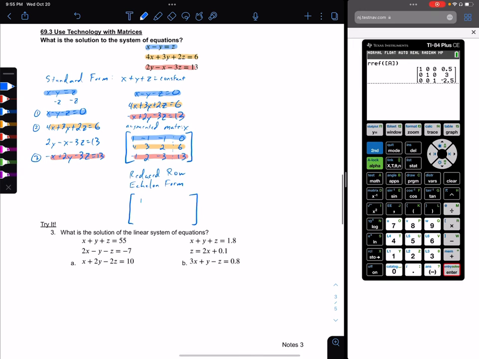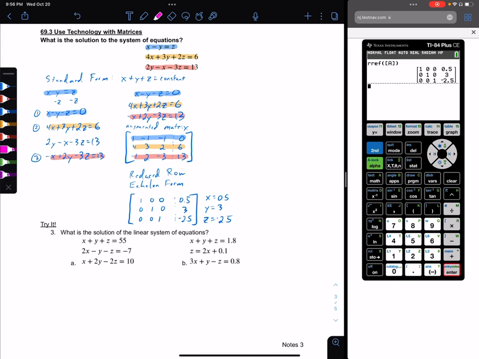So I have 1, 0, 0. Make sure we put our dotted line. 0.5, 0, 1, 0, 3, and 0, 0, 1, -2.5. What this means is that for that first row, they're telling me that x is equal to 0.5, y is equal to 3, and z is equal to -2.5.